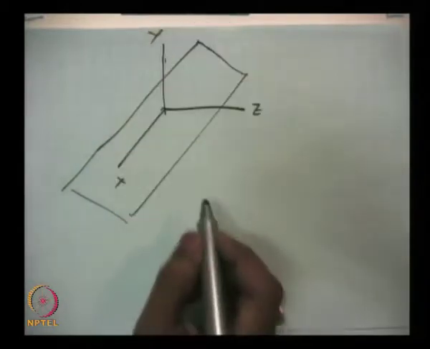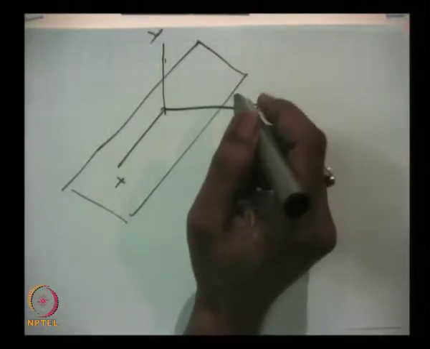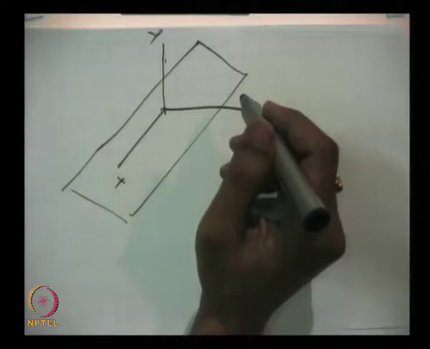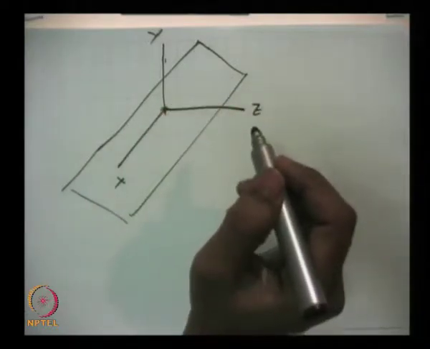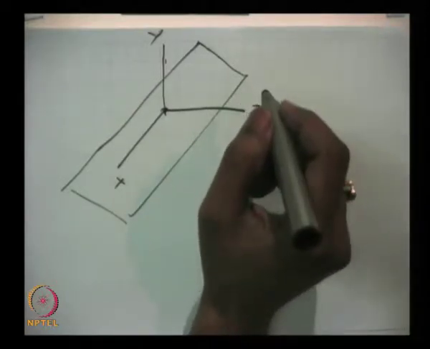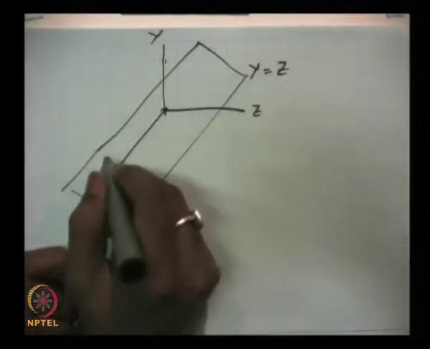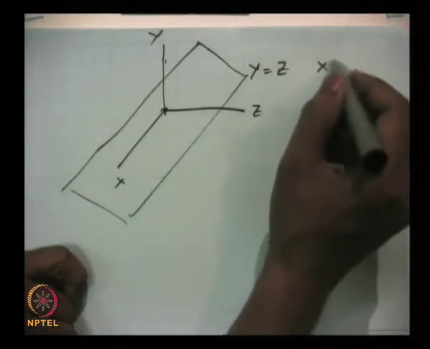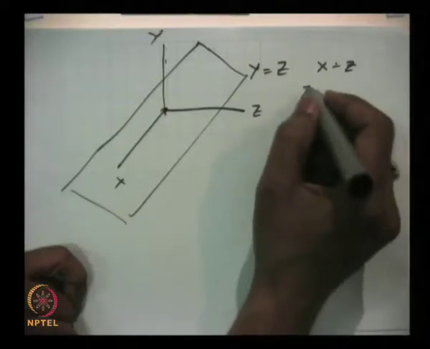So, this plane that I have just drawn is supposed to be 45 degrees passing through the origin, and let us say it is y equal to z or something, okay, and you have 2 other planes where x equal to z and x equal to y.